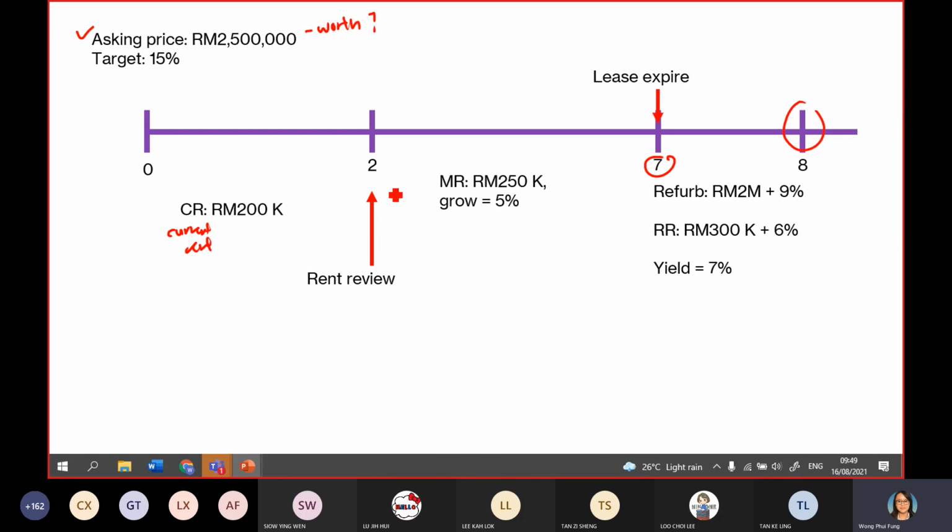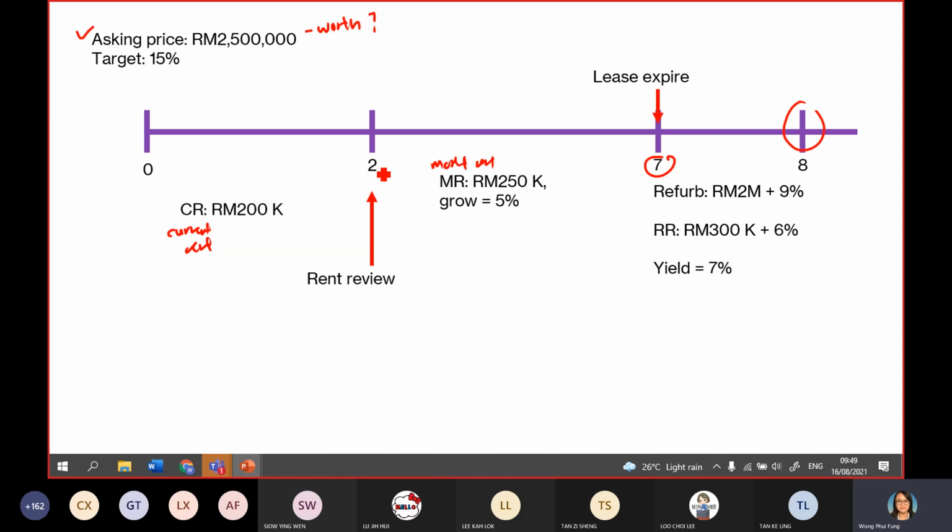As I mentioned just now, when under the lease, you cannot just change the rental because it's under the contract. You fix the rental at 200,000. But in the contract, you mentioned that you are going to carry out a rent review to increase the rental to the market rent. MR is market rent.